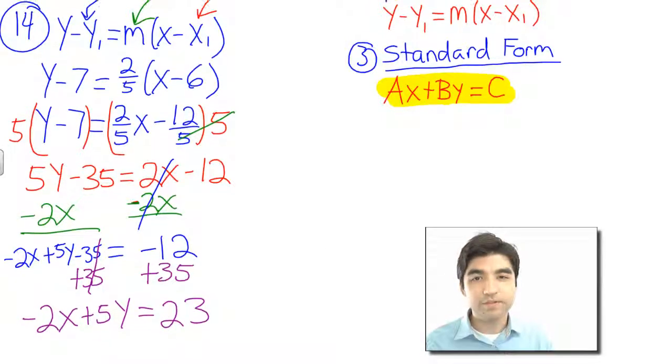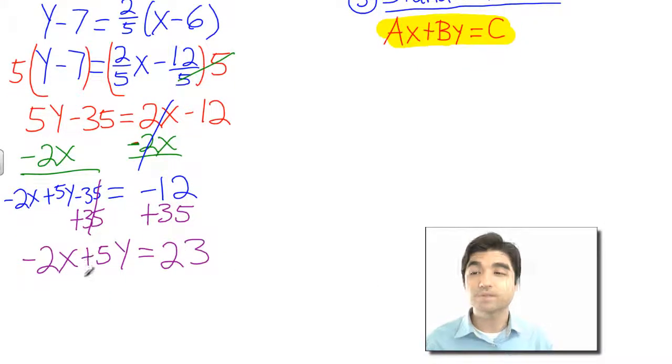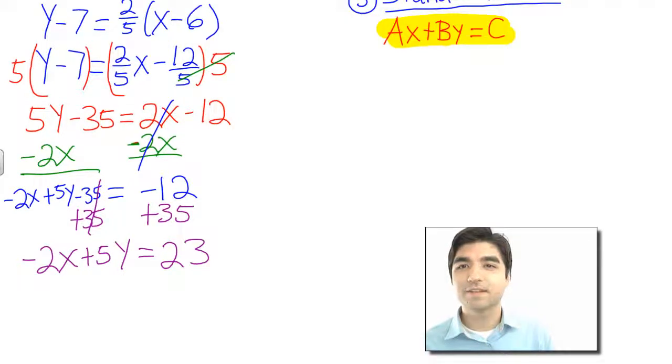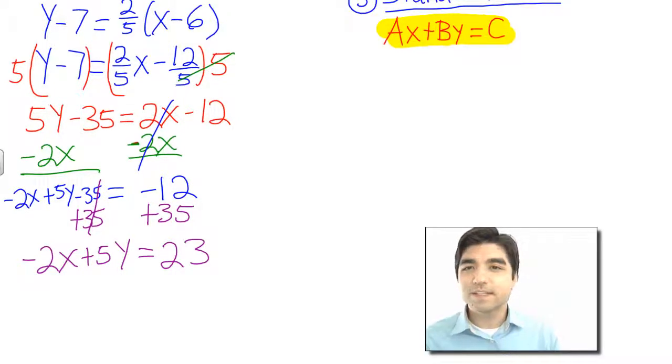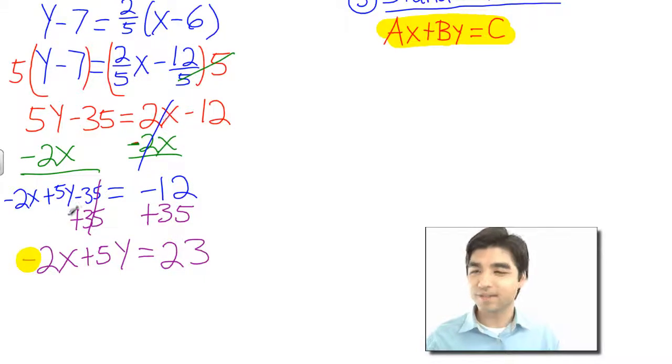Sorry. Whenever you have something in standard form, I just remember this. For some reason, they don't like it if you have a negative in front of the a. So this is the a part, the number that's in front of the x. You can't have a negative there. So what you have to do, the final step, is you gotta take everything times -1 to get rid of that negative there.